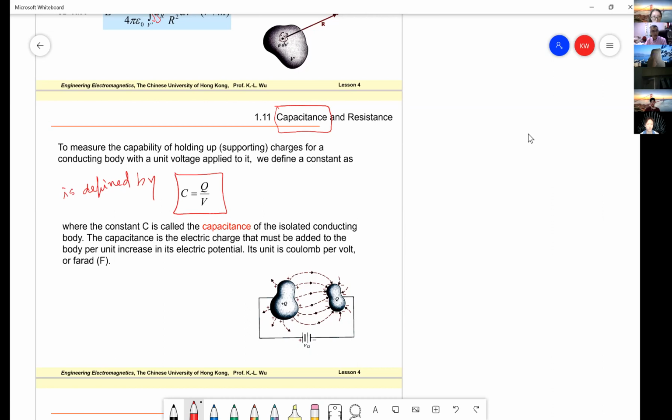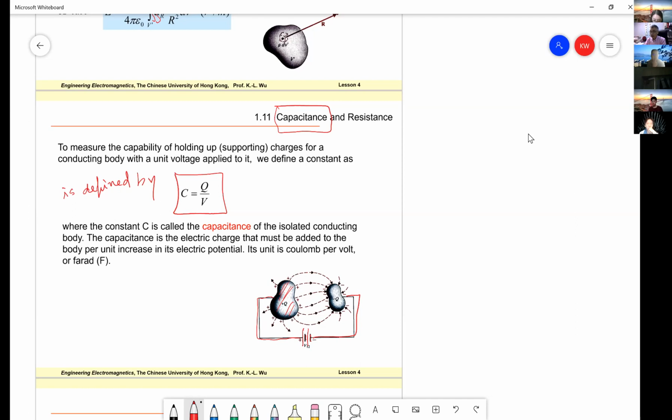So what that means is, if we have one conductor with a total charge Q, and you find another conductor that contains total charge minus Q, then you can find the potential difference between the two. We will review the potential difference later.